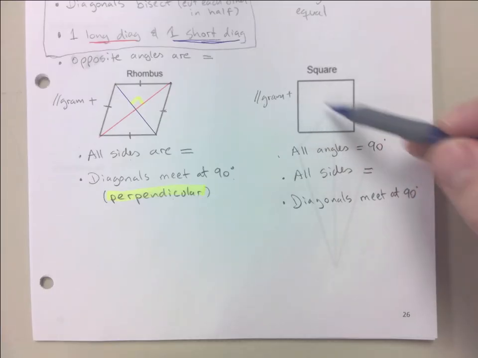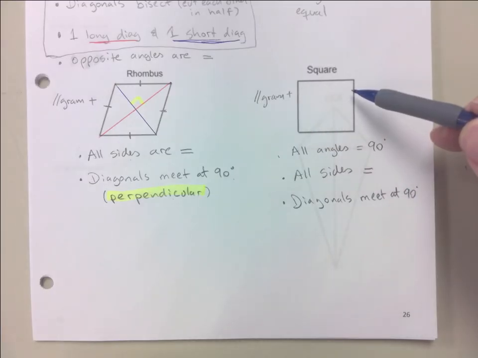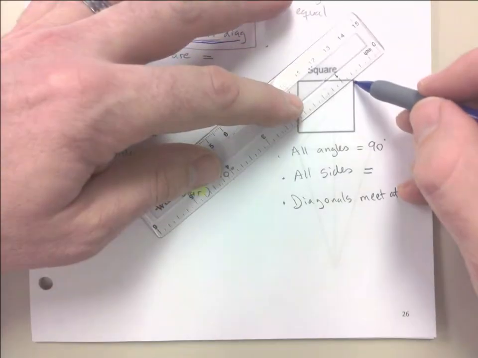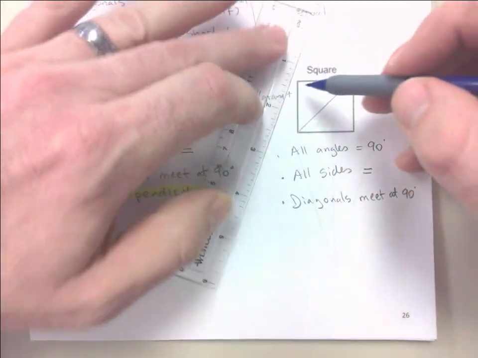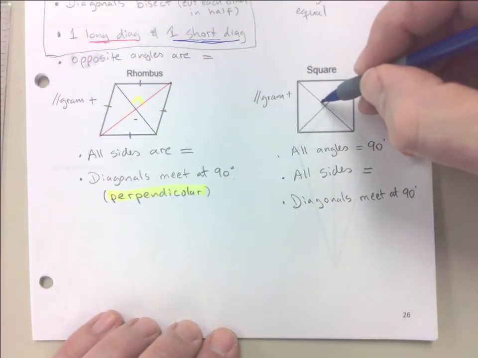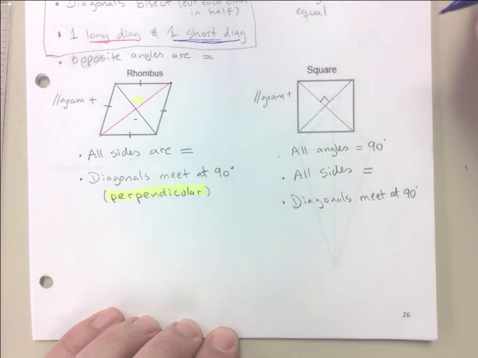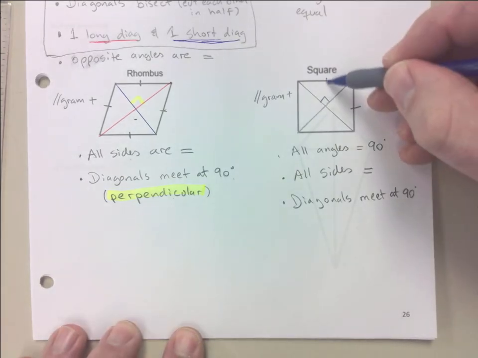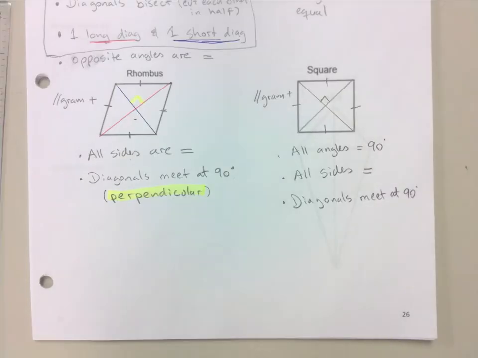What do you think the diagonals, are they same in length, different in length? Same. Yeah, same. So I'm just going to use a pencil here. And they meet at a 90. And all four sides are the same. So the square is the mix between a rhombus and a rectangle.